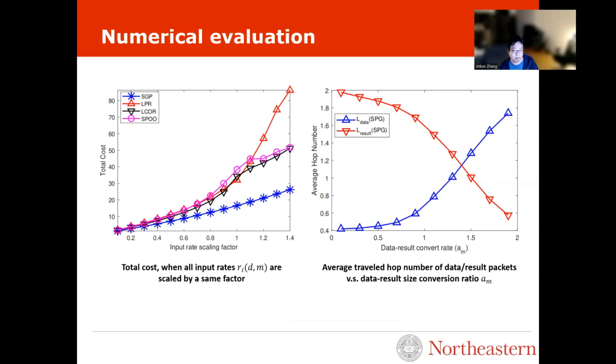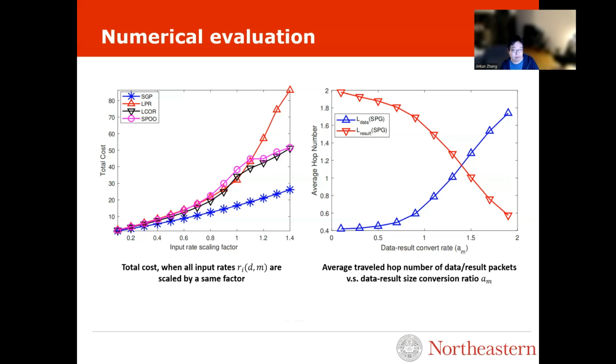And on the right-hand side, we plotted the average number of traveled hops of the data packets, which is blue, and of the result packets in red. We compare this average hop number against the data-result size conversion ratio a_m. As you can see, when a_m is small, the data hop count is much smaller than the result hop count, implying most of the computation is done near the data sources.